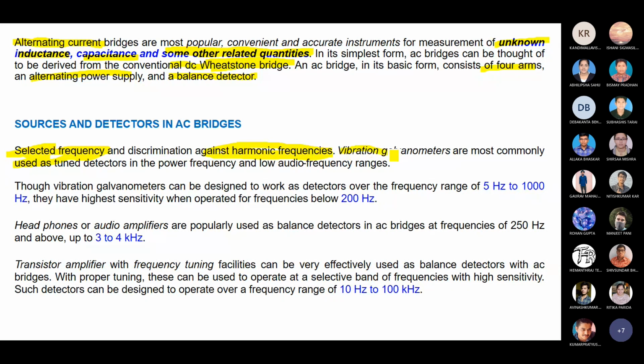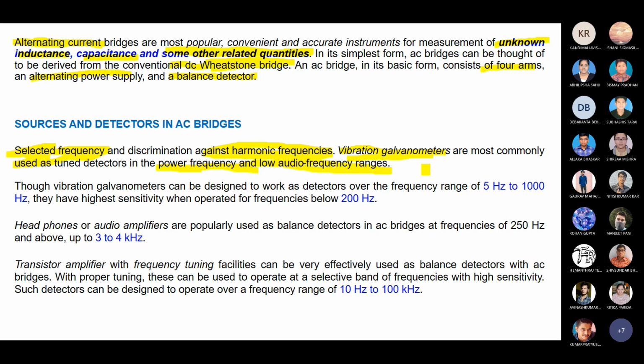Normally vibration galvanometers are the most commonly used tuned detectors in the power frequency and low audio frequency range. For low frequency applications, you use the vibration galvanometer. The galvanometer pointer is vibrating, so you can understand how much current is flowing. If there is no current flowing, there will be no vibration.